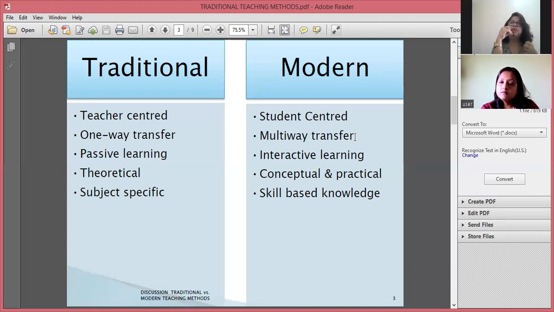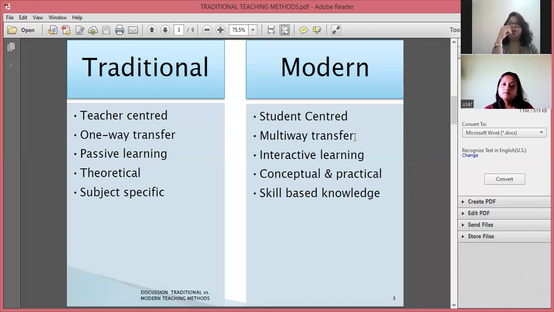But in the modern method, when they are learning and engaging themselves, interacting with other students, it is really easy to remember things. And whatever age you are, maybe after 20 or 25, a student can remember those things. At least some of the highlight points they can remember. So skill based knowledge is really important.